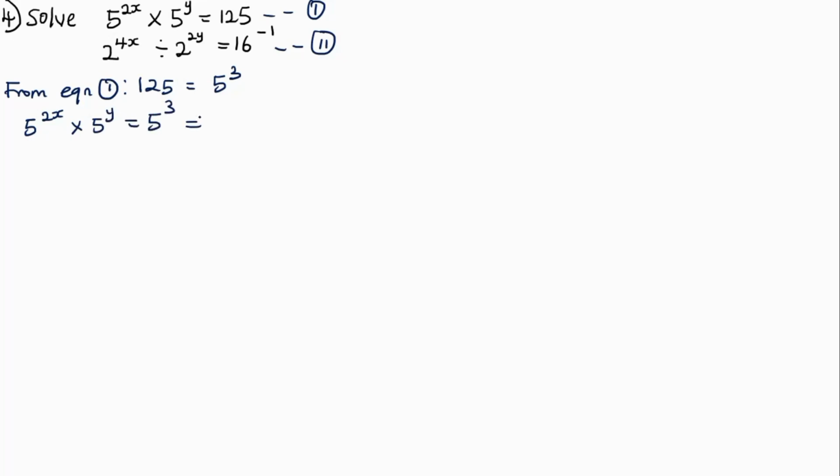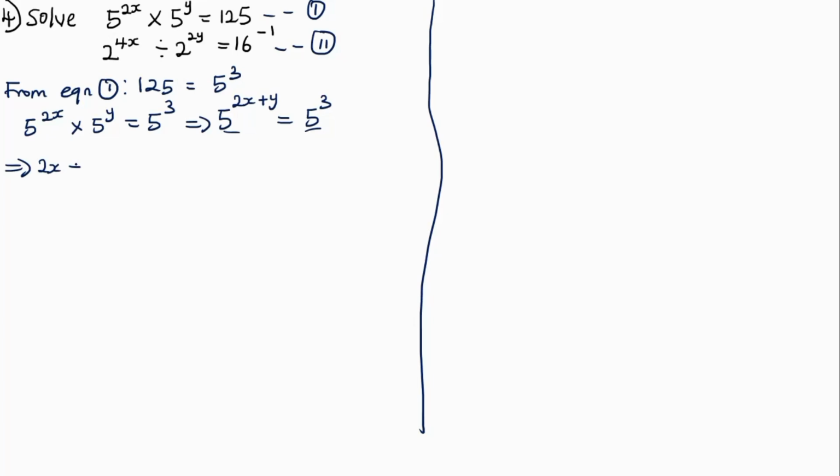But from the multiplication rule, we have 5 raised to the power of 2x plus y is equal to 5 raised to the power of 3. Since the bases are the same, we can easily equate the powers. So equating the powers, we have 2x plus y is equal to 3.